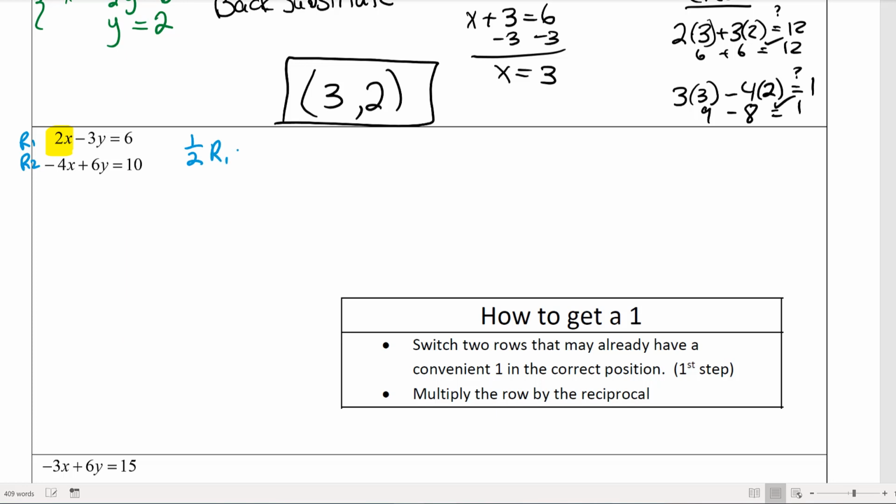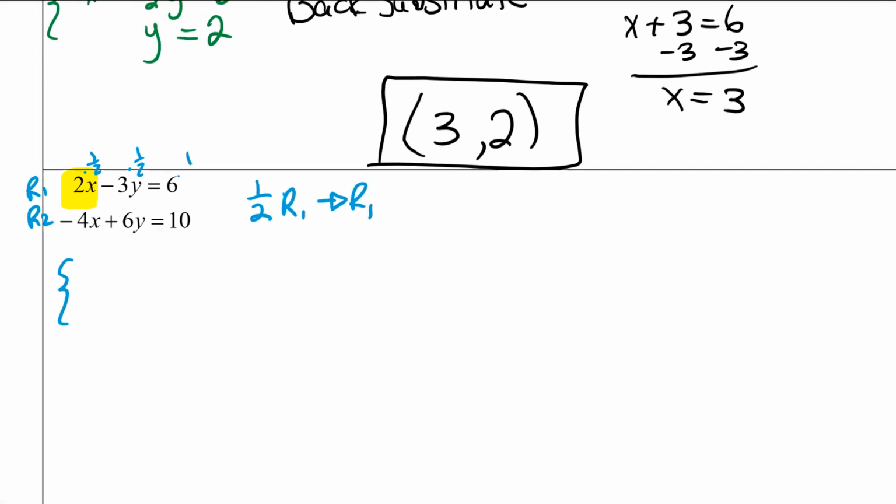So I have 1/2 times row 1 back into row 1. If I'm multiplying by 1/2 every single term in the first row equation, that gives me 1x minus 3 over 2y equals 3. Row 2 isn't changed because I didn't mention row 2 at all up here in my replace statement.